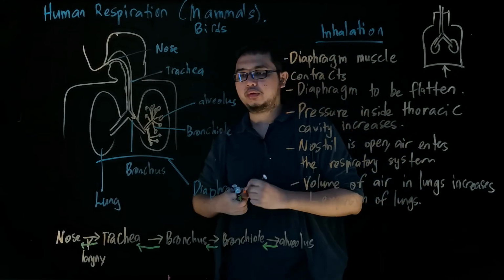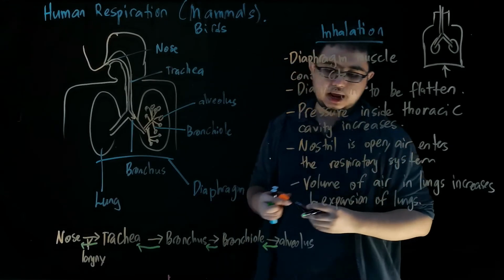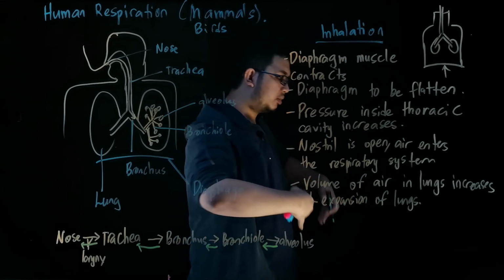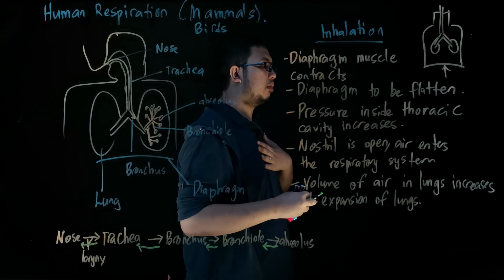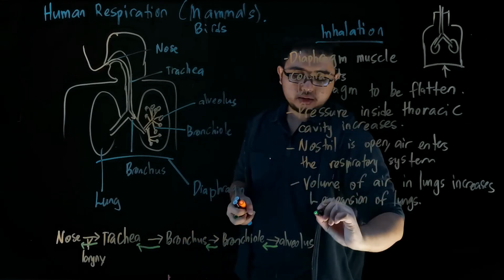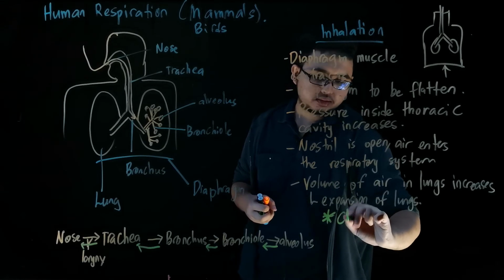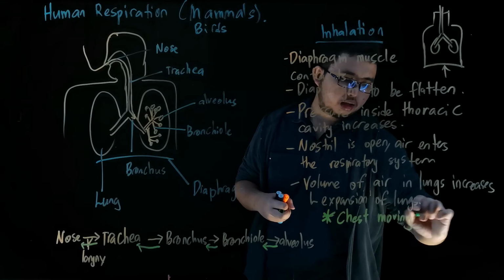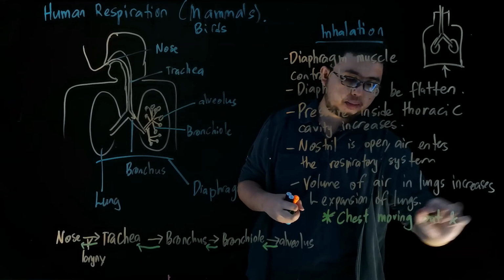And finally, what we see is that during inhalation, and you can try it yourself, by taking in air, you will experience that your chest is moving up and outward. So here we have chest moving out and upward.